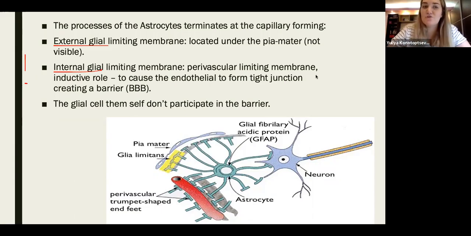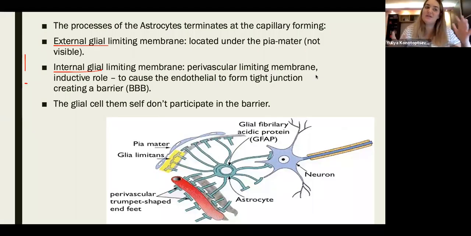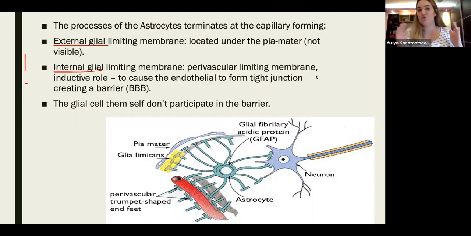And what was the function of glia limitans? The movement of neuron or the process of neuron is limited. Exactly. It was limiting the location, the movement of the brain neurons, because brain neurons, they love to go to different places, right? So this particular membrane was making sure that that does not happen.